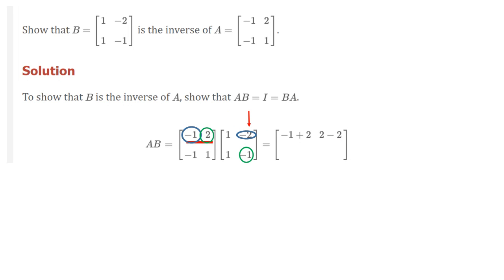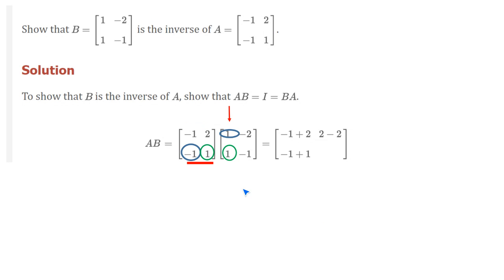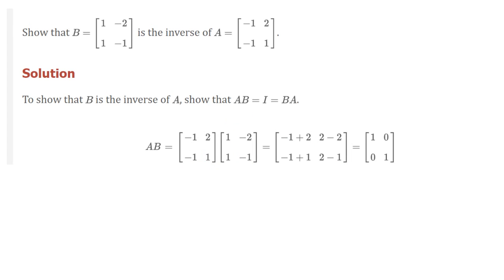Then we don't have any more columns, so we go to the next row. -1 times 1 is -1, and 1 times 1 is 1. Then we go to the next column. -1 times -2 is +2, and 1 times -1 is -1. So we'll simplify these numbers. -1 plus 2 is 1, and 2 minus 2 is 0, -1 plus 1 is 0, and 2 minus 1 is 1.